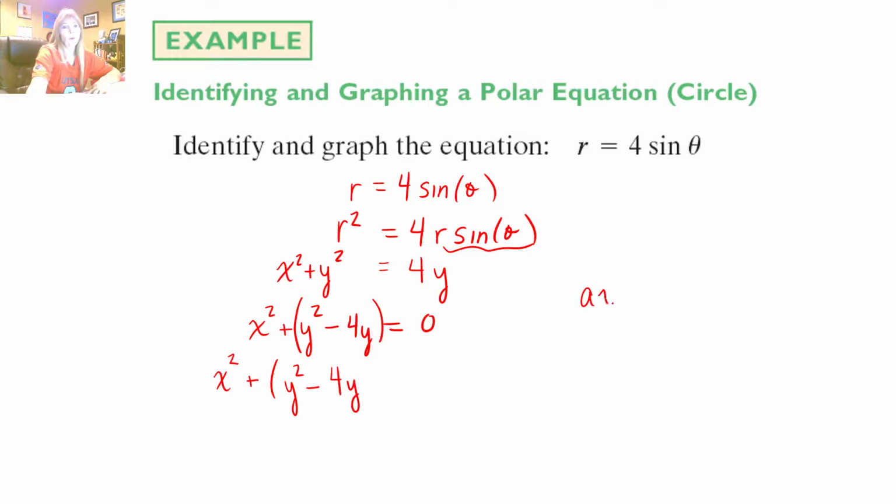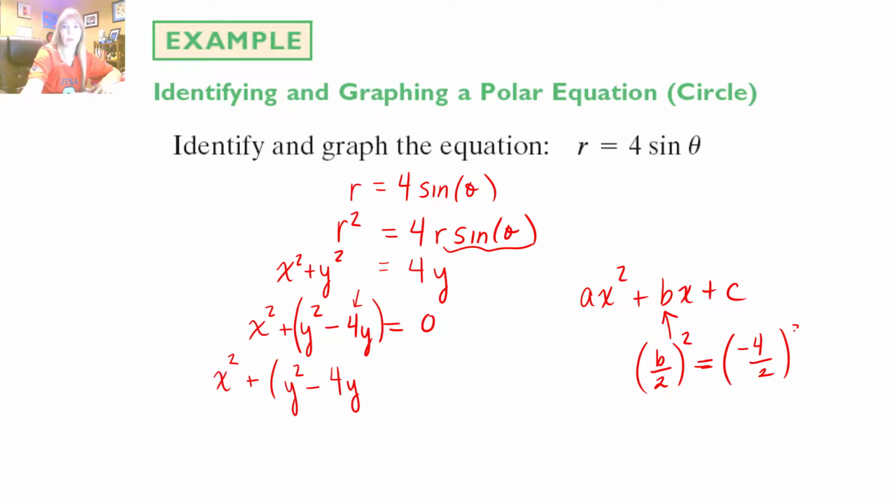So remember, when you have a quadratic equation, ax squared plus bx plus c, and that's what I have, you take the value on your variable with exponent of 1, divide it by 2, square it, and add that value to both sides. So as you can see, I have negative 4 over 2 squared. That gives me negative 2 squared, which gives me 4. So I'm going to add 4 to both sides.